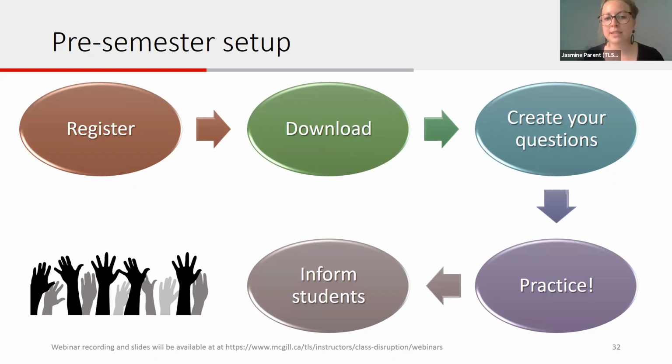You can run a session and practice with yourself using your phone, your mobile device, or a tablet, or you can have anyone from McGill join your session and answer polling questions as well. So if you have a TA, it might be helpful to have them join the session and you actually go through the slides with them and have them answer and practice using the system, testing it out. And finally, you'll want to inform your students that you're going to be using polling in your course.